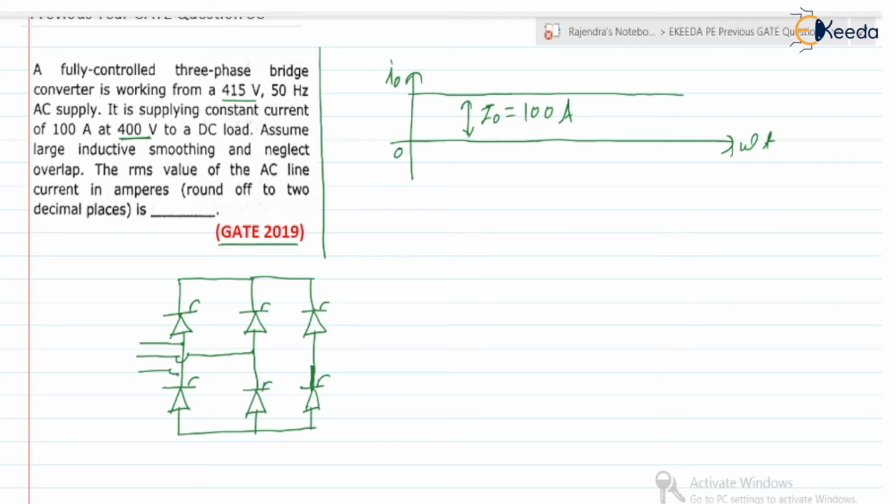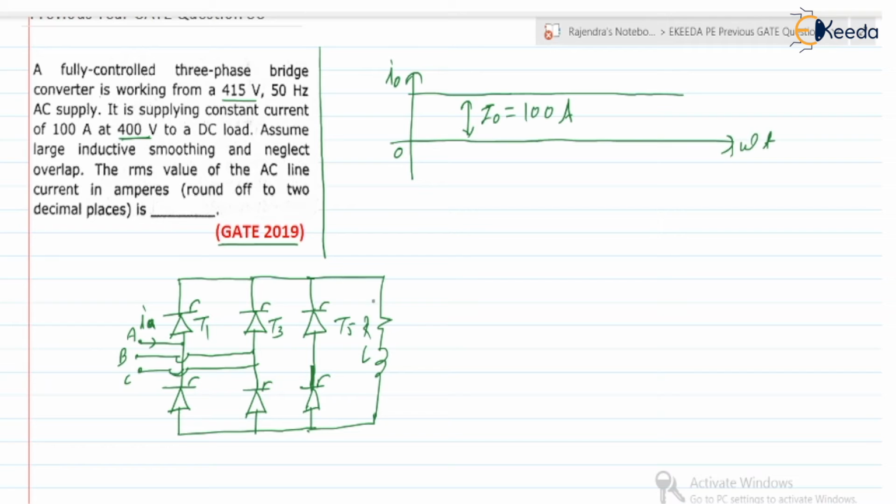So suppose the 3 phases are A, B and C. Here it is A, here it is B, here it is C. Let us consider this current is IA. So indirectly our task is to find IA, IB and IC, for any one line current RMS value. So let us consider we are interested in finding the IA RMS. So suppose this is T1, T3, T5 and here the load is RL.